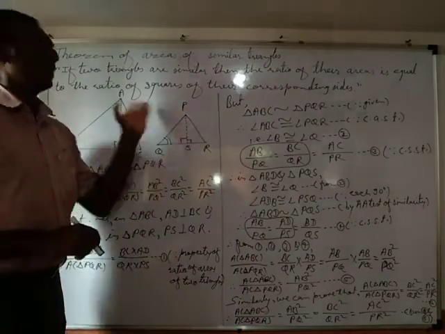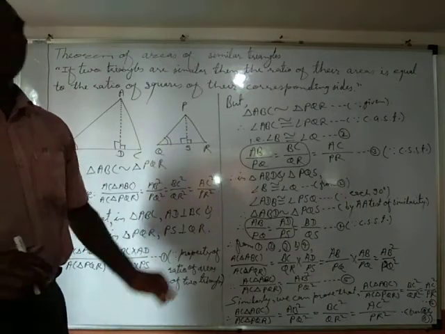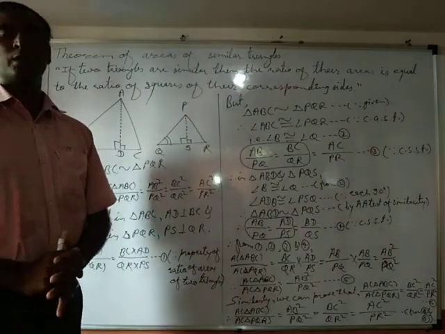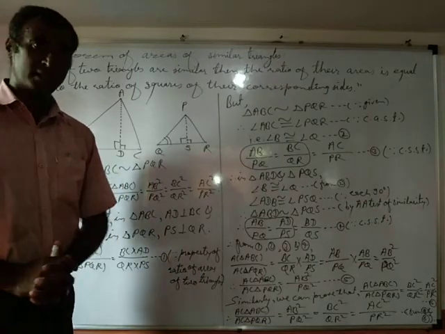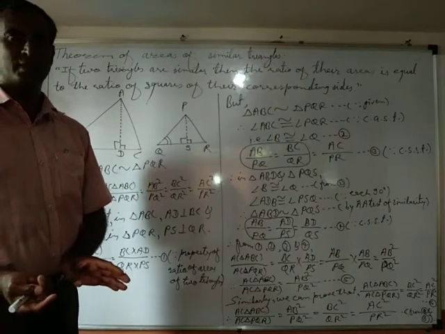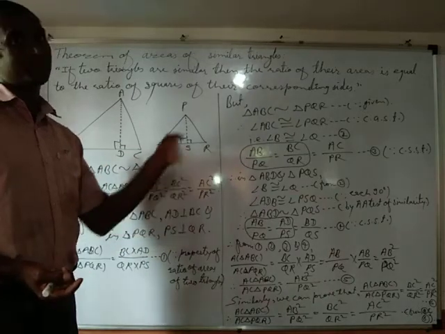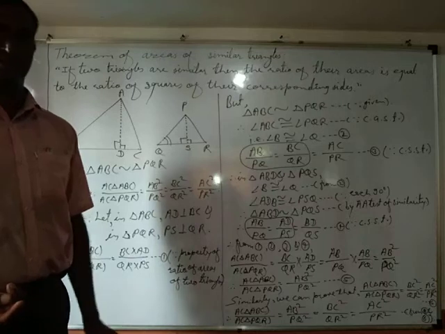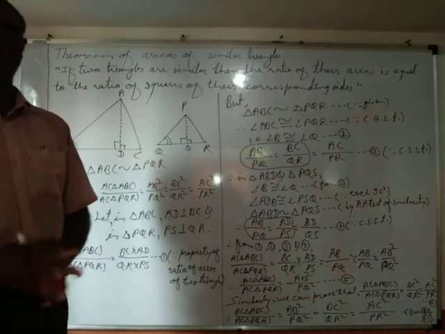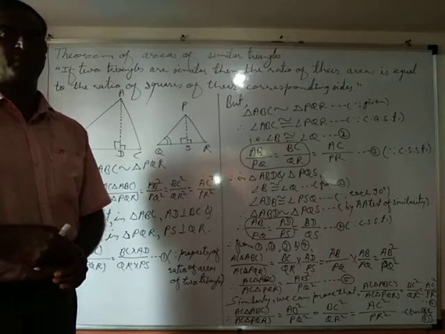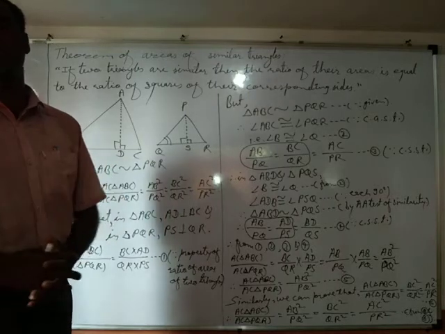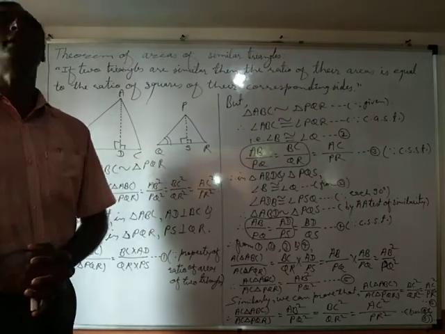Now this theorem we may extend. The ratio of areas of two similar triangles is equal to the ratio of the squares of their corresponding sides. And we know that if two triangles are similar, then their corresponding sides are in proportion. Similarly, their corresponding heights are in proportion, their corresponding medians are in proportion, and their corresponding perimeters are also in proportion.